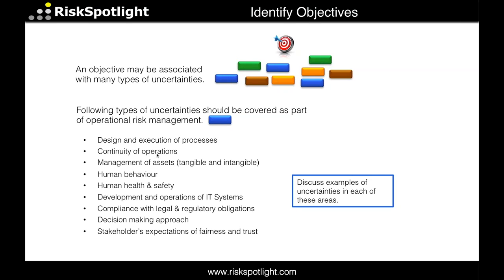Okay, then let's look at the next one: compliance with legal and regulatory obligations. That's another area where, when we're looking at operational risk, what could be some of the uncertainties around that? There may be new laws introduced, and because they're new, we may not fully understand their implications, so we may not be sure.